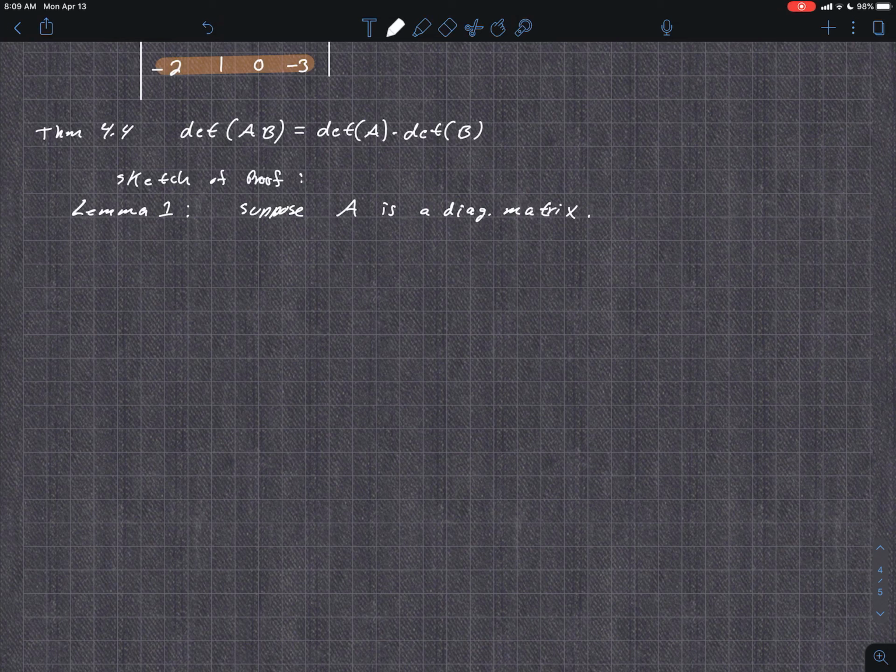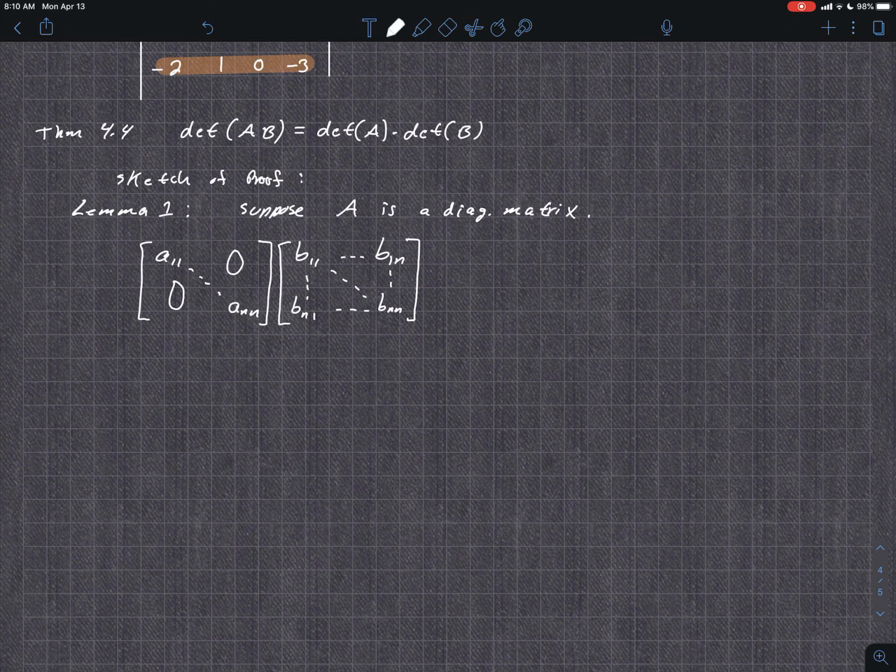So what you get is A11 on its diagonal, all the way down to ANN. In the book, you'll see that they put big zeros here to indicate that it's a diagonal matrix. That's A times the matrix B, with entries B11, all the way to B1N, BN1, and BNN.